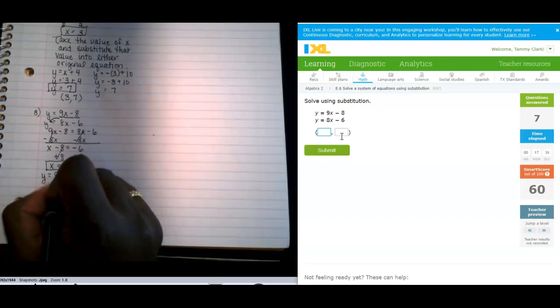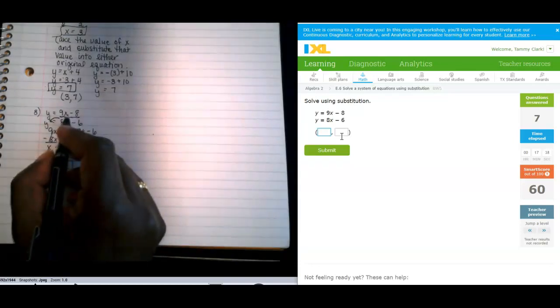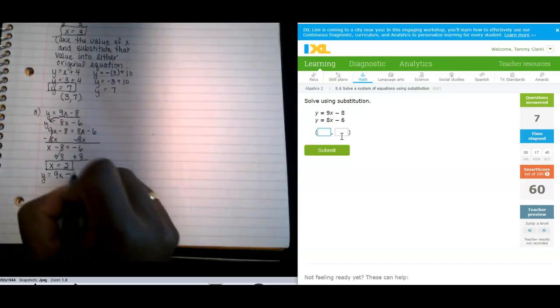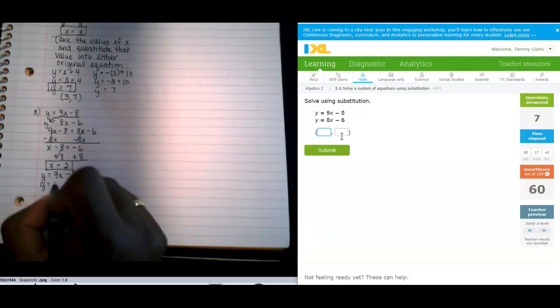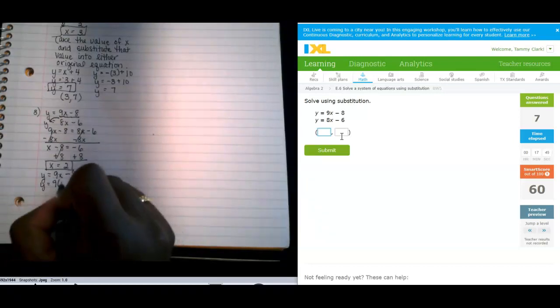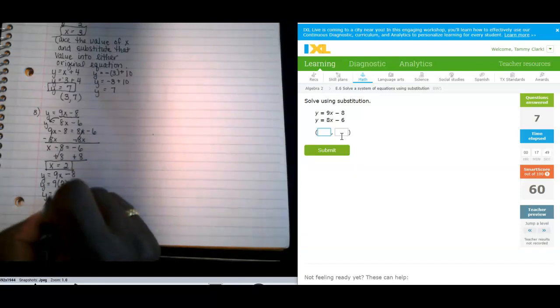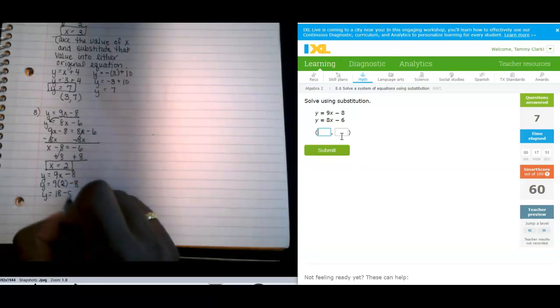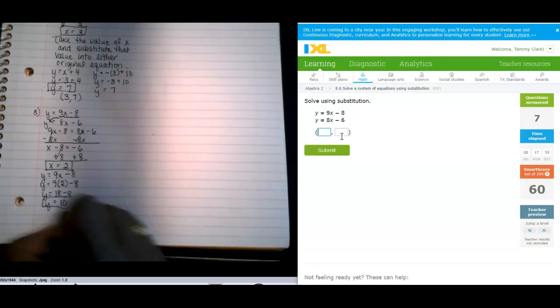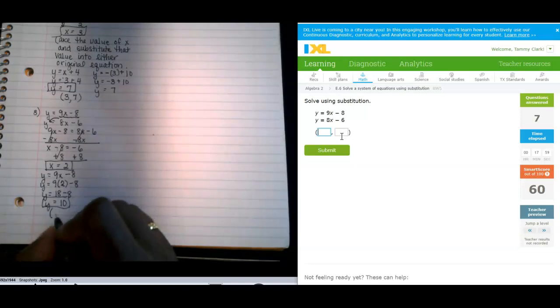So I've got 9, and where there is an x, instead I'm going to substitute the value of 2, minus 8. So I've got y is equal to 18 minus 8. Therefore, y is equal to 10. So in this case, the ordered pair where the lines cross, or the solution, would be 2, 10.